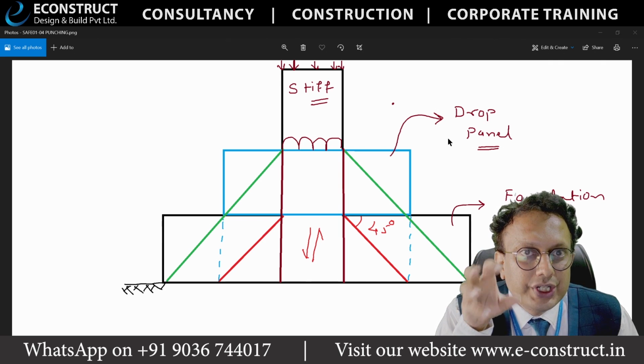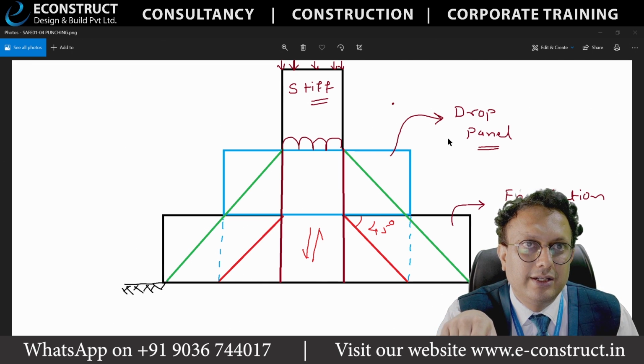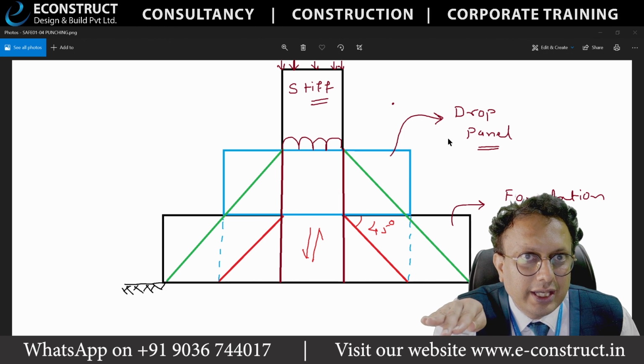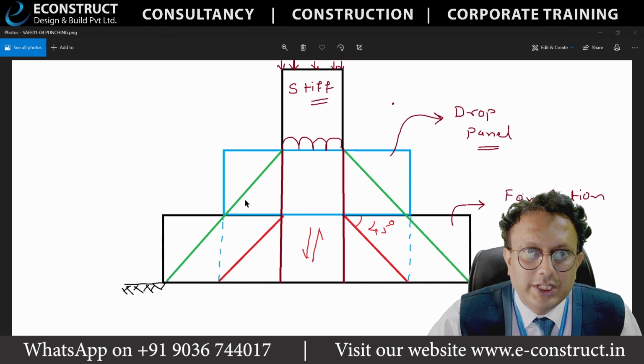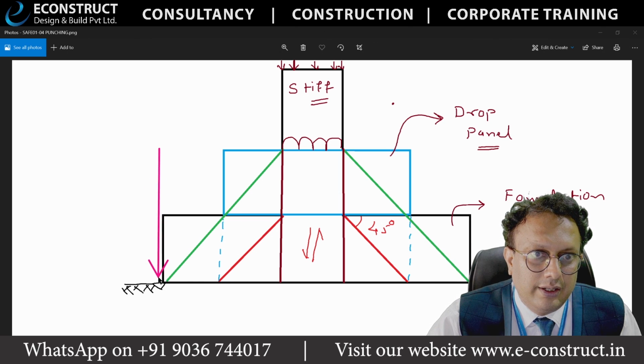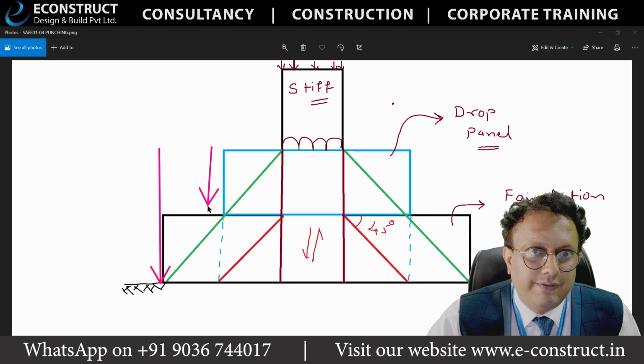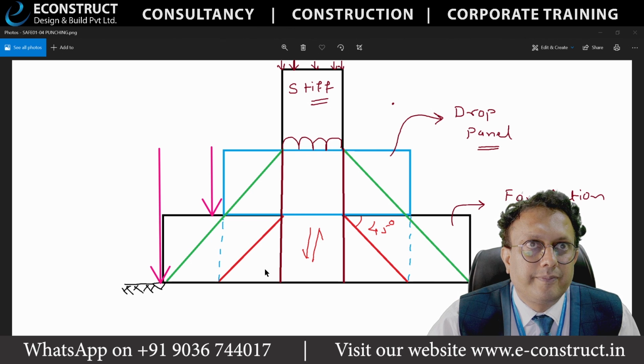If it is punching governing reinforcement, 100% this is 45 degree. But if it is not punching governing, this need not be 50%. Whatever is this depth, this is 50% of this. Why? Because this is 45 degree.